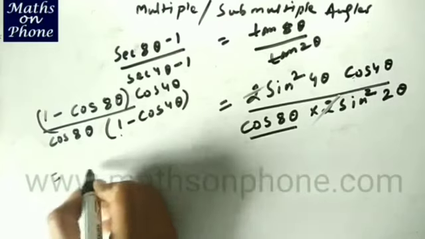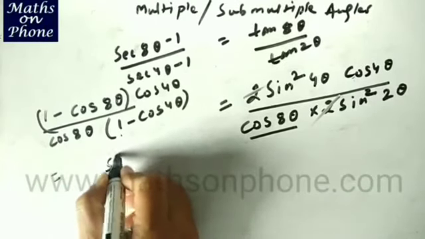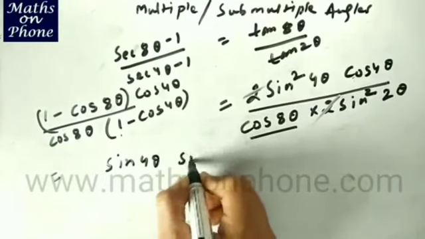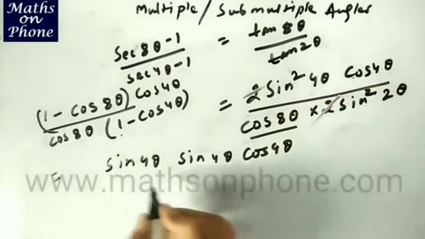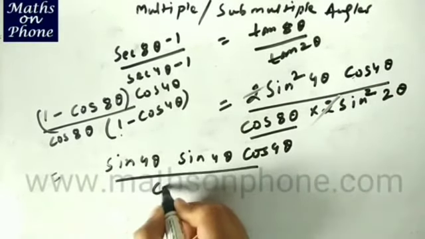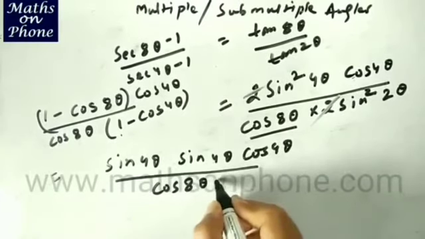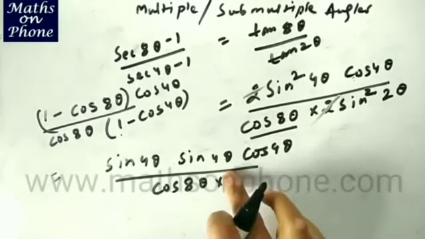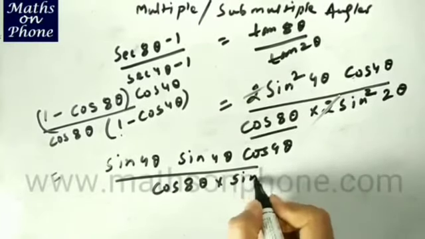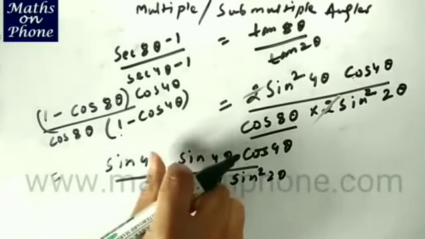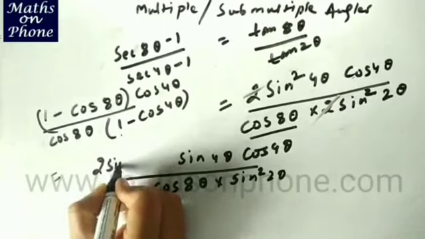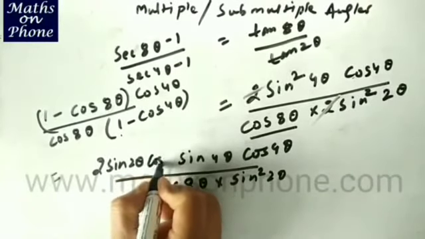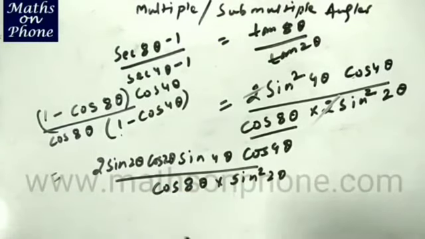Now further see, if I just write sine square 4 theta as sine 4 theta into sine 4 theta, into cos 4 theta, this is cos 8 theta, and this is 2 sine square, 2 is cancelled out, so just sine square 2 theta. Further, I can just write sine 4 theta as 2 sine 2 theta into cos 2 theta. Which formula did I apply? Sine 2a is 2 sine a into cos a.